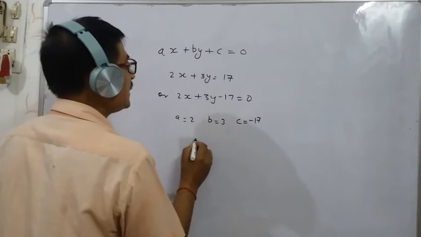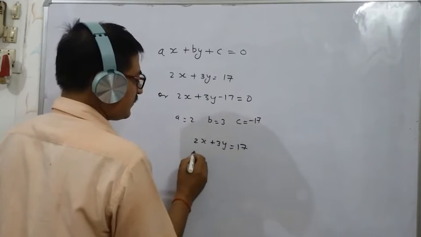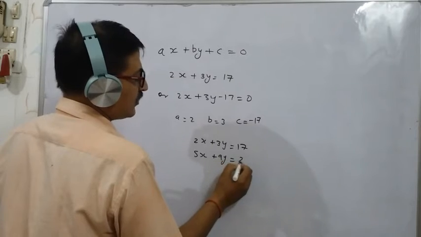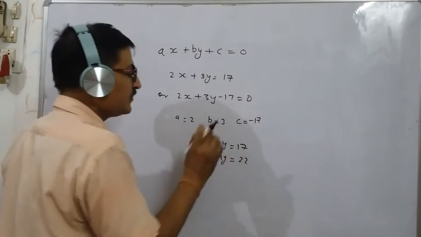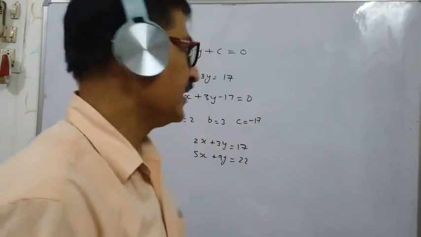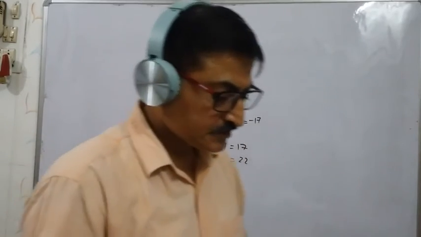Suppose it is given 2x plus 3y equals 17, and another one is given 5x plus 9y equals 22. Then we are able to solve for the values of x and y, whereas with one equation we get infinitely many solutions.